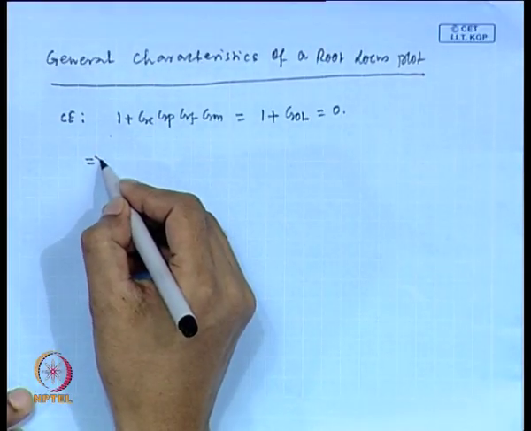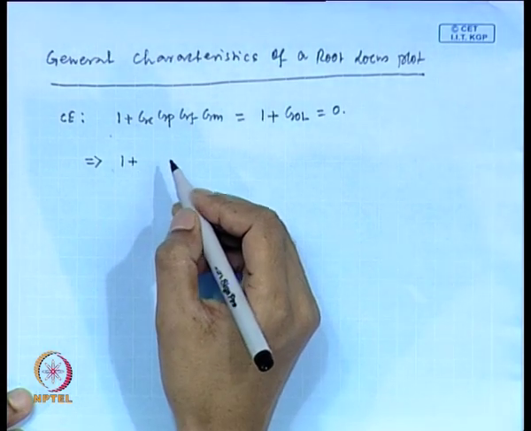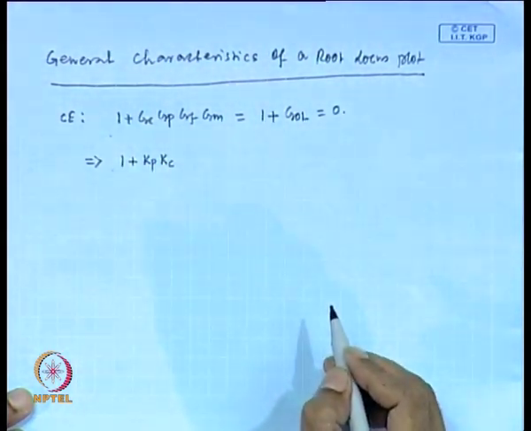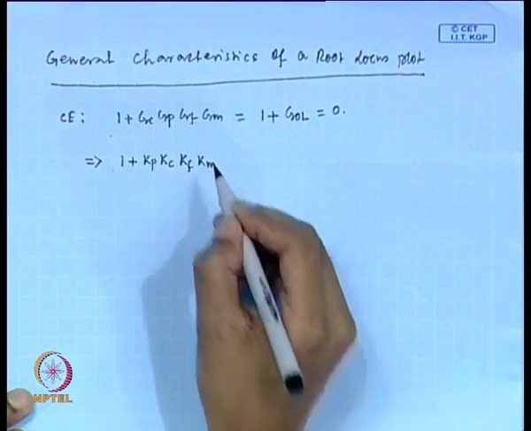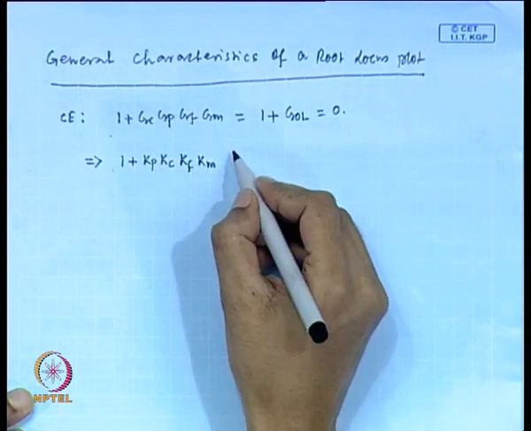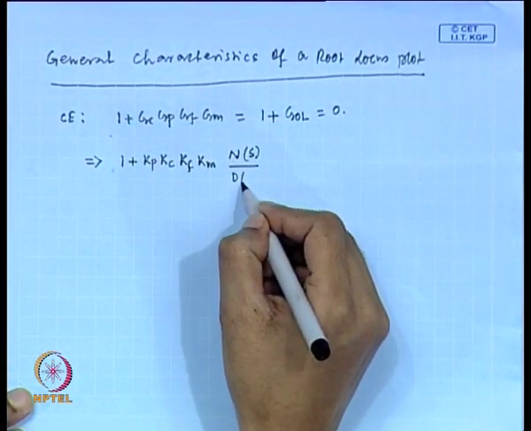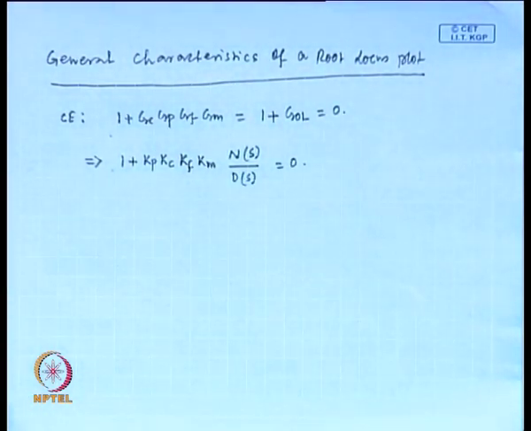This is the general form of the characteristics equation. Now, we will write this equation as 1 plus Kp Kc Kf Km Ns by Ds equals 0.